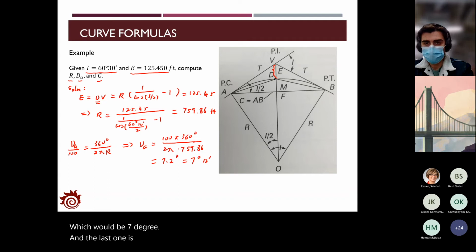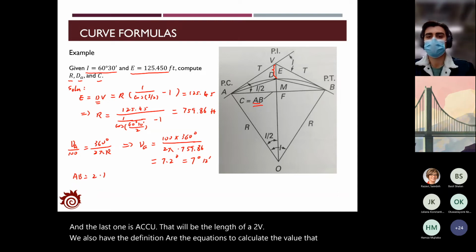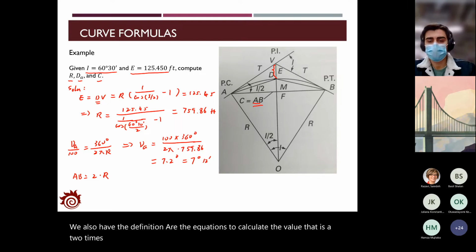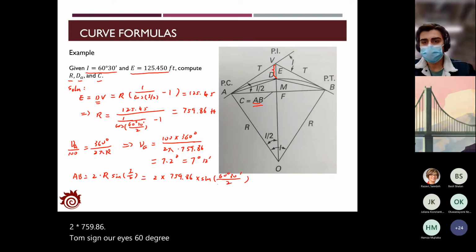C will be the length of A to B. We also have the equation to calculate the value. That is 2 times R times sine of half I. So we get the value of 2 times 759.86 times sine of I, which is 60 degrees, 30 minutes, divided by 2.